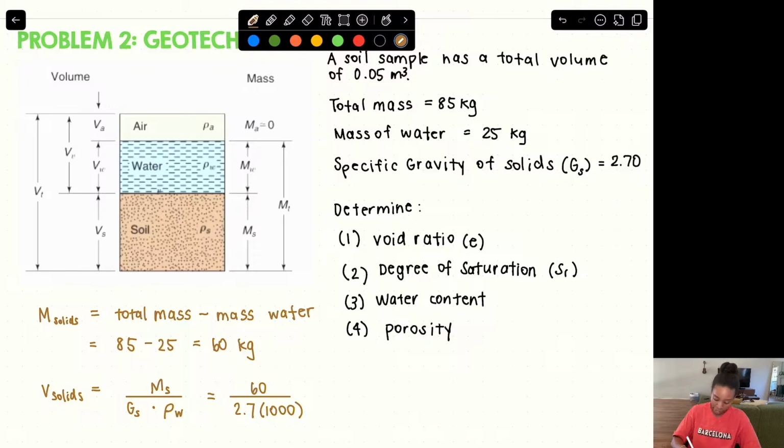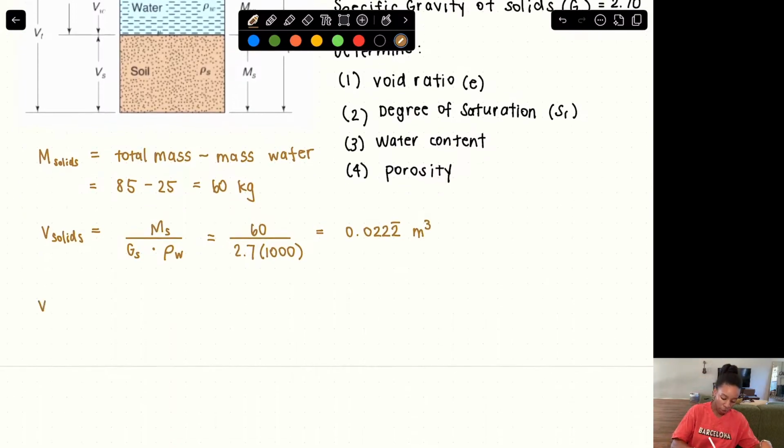And once you multiply all that together, you're going to get 60 divided by 2.7 times 1,000, 0.0222 repeating meters cubed. So we found the mass of solids so that we can find the volume of solids, which is going to help us find the volume of water.